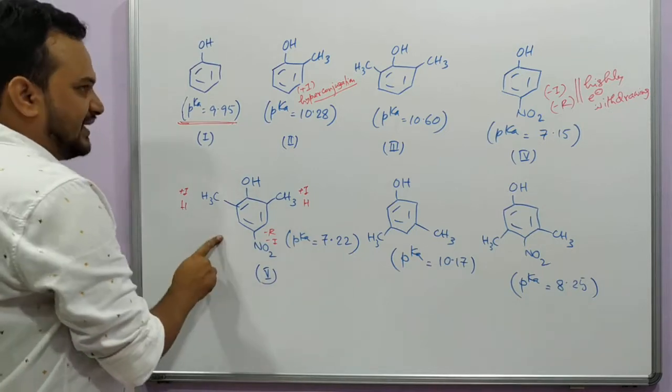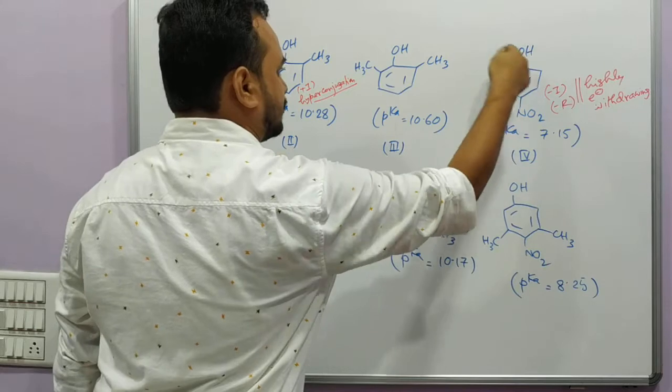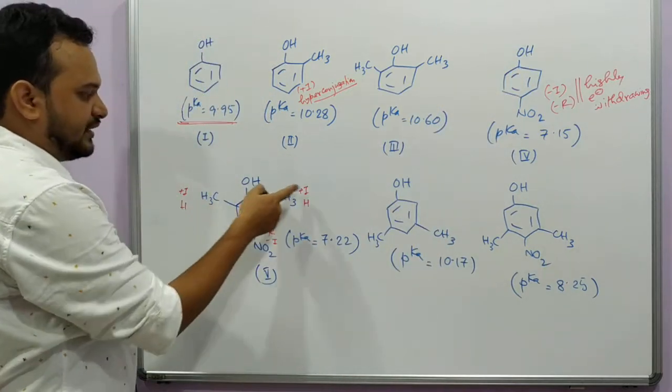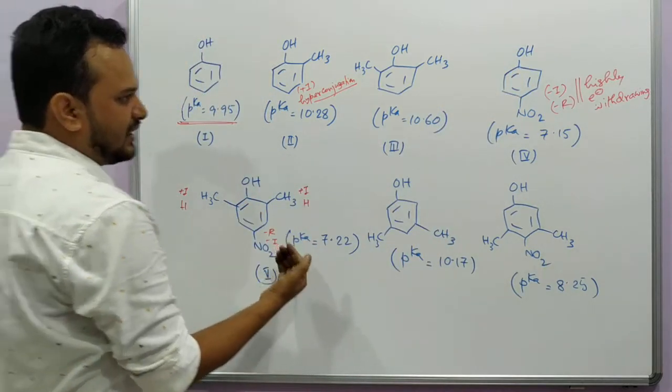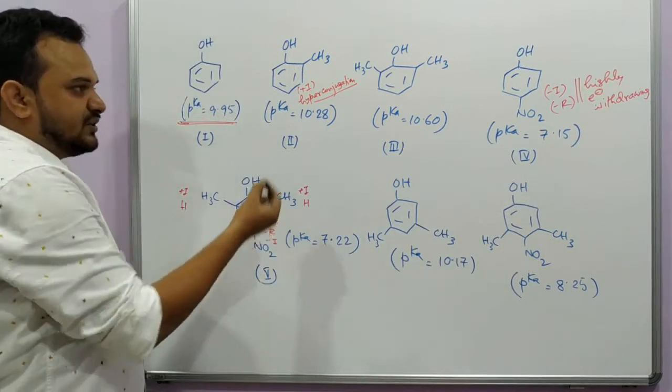However, it is less acidic than compound 4, because in compound 4 there was no donating effect, but here we have a little bit of donating effect also, and hence a little increase from 7.15 to 7.22. That means the acidic strength decreases a little bit.